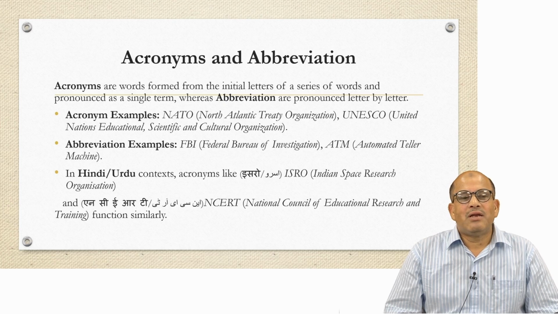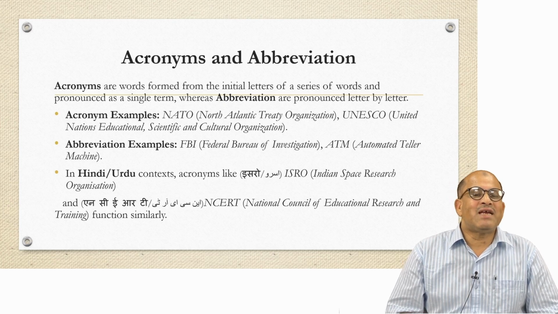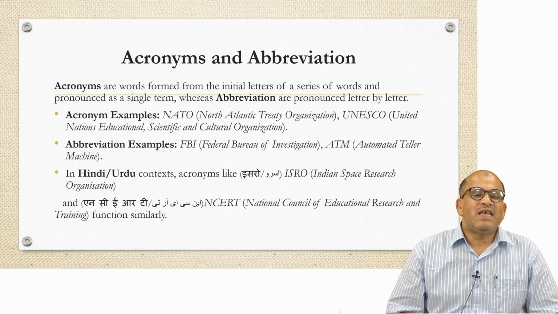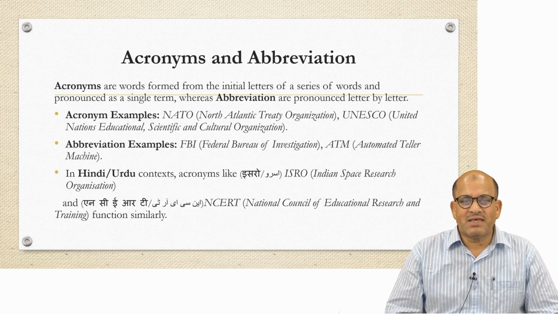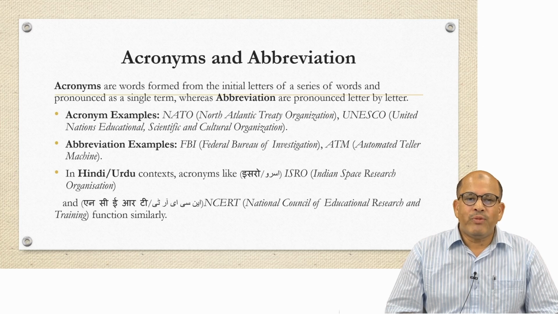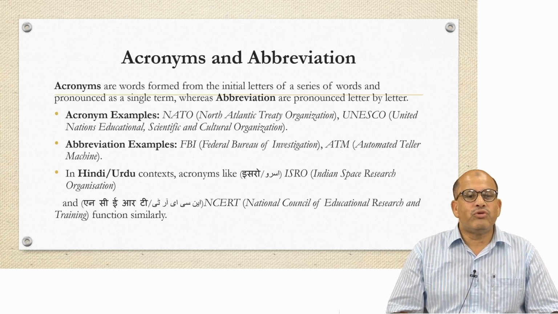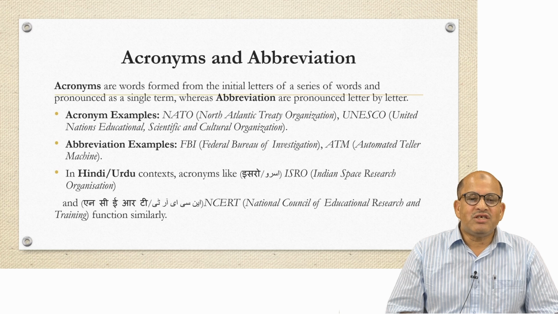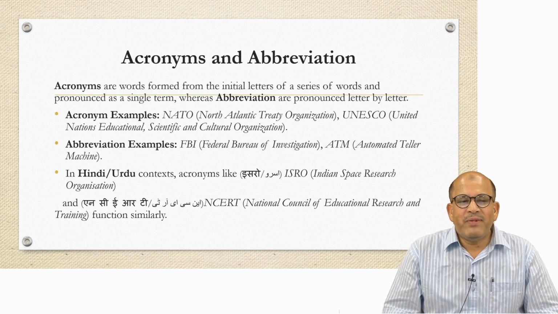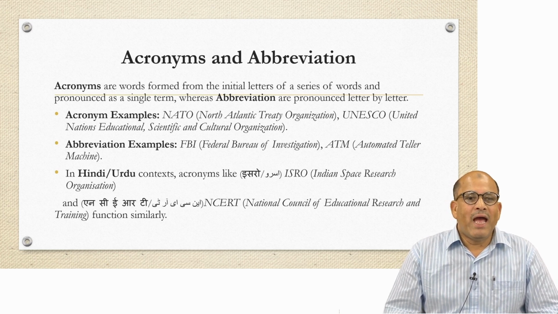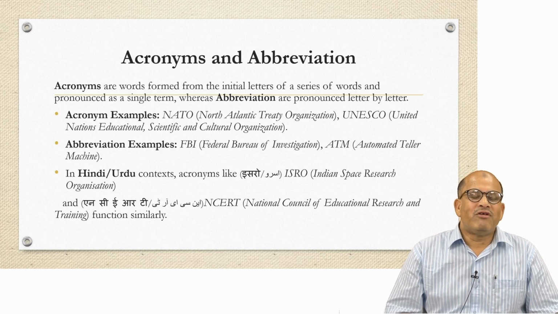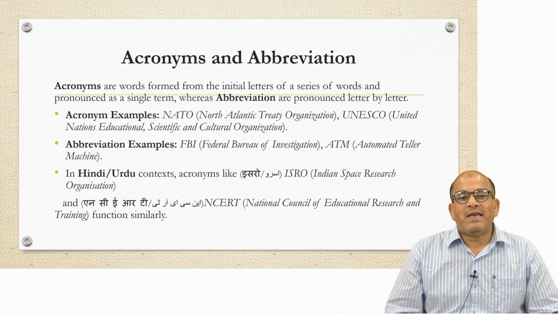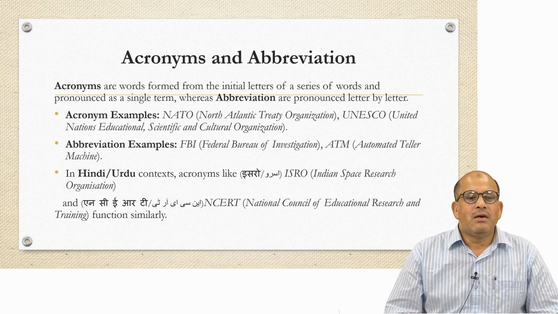Abbreviation examples are like FBI, which we cannot pronounce like a term. We have to clearly spell out FBI, referring to Federal Bureau of Investigation, and ATM, automated teller machine. In the Hindi Urdu context, there are acronyms like ISRO, Indian Space Research Organization, and abbreviations like NCERT, which we cannot pronounce like a term, referring to National Council of Educational Research and Training, that function similarly.